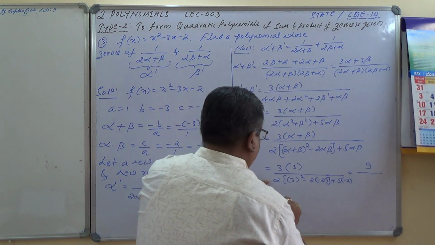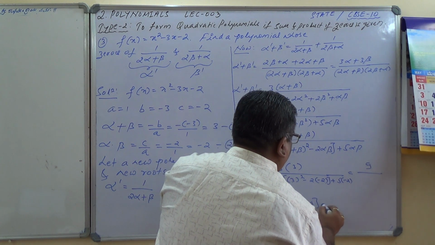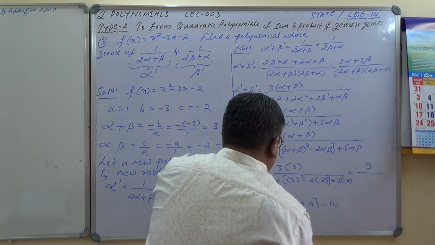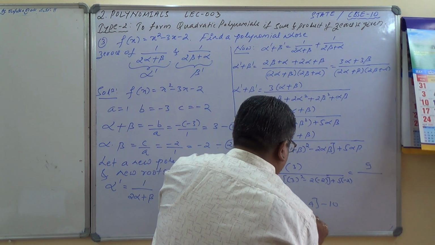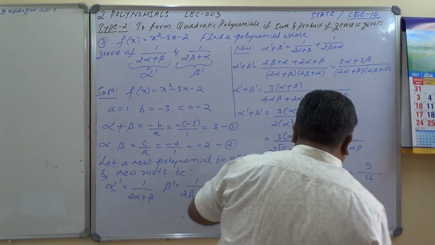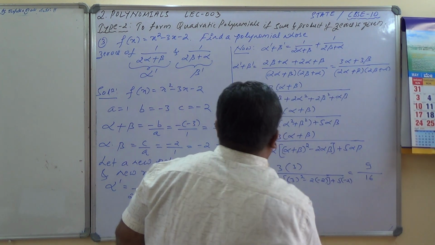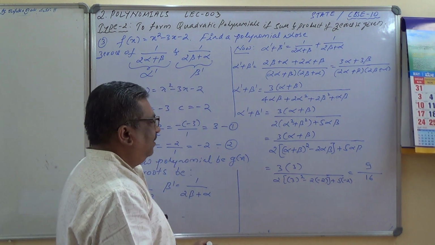This I will evaluate: 2 times 3 3s are 9, minus of minus plus 4, minus 10. So this is 26 minus 10, which is 16. So this will be 16 here. So we are getting alpha dash plus beta dash as 9 by 16 here.